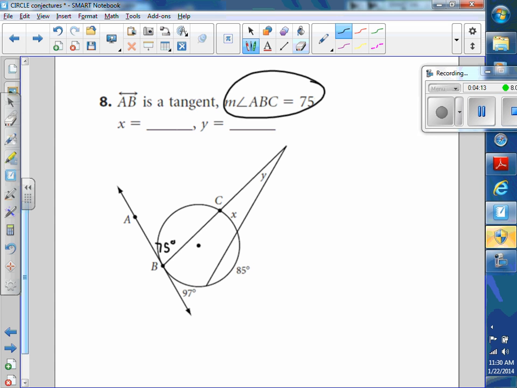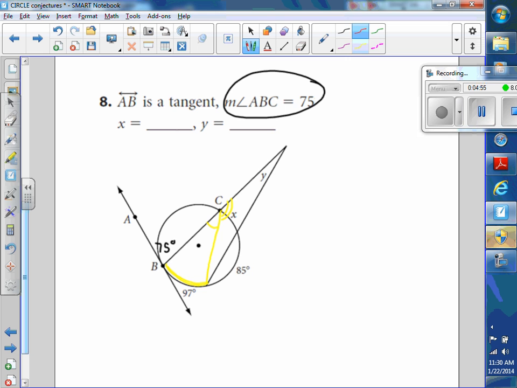What we can do is an inscribed angle with the 97. Do you see this arc? Well, it could be helpful because this could give me this angle here, and then the supplement right here, but that doesn't look like it's going to help.